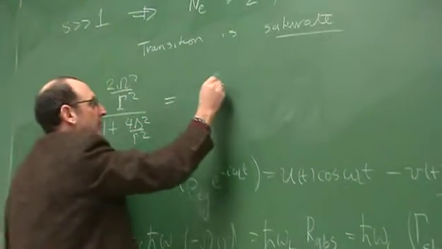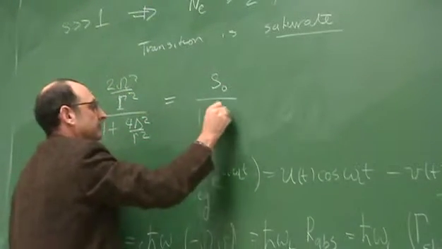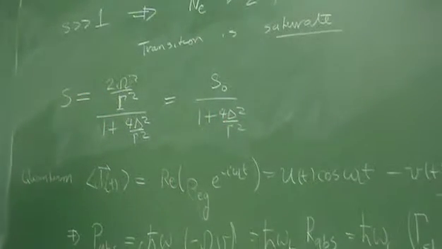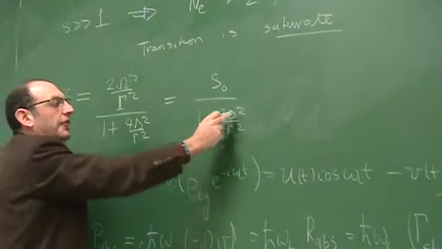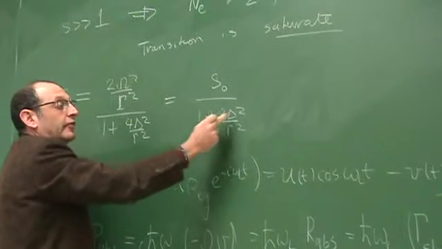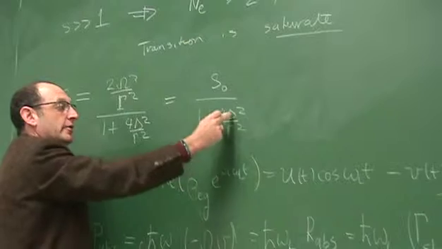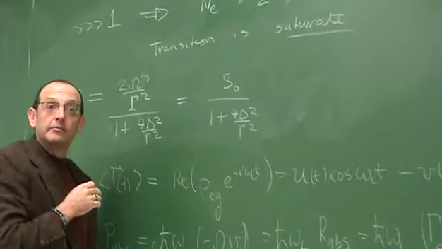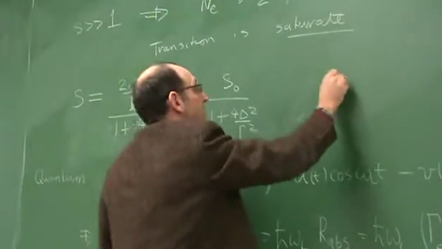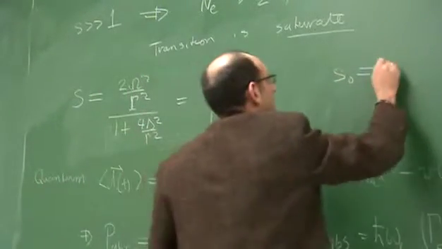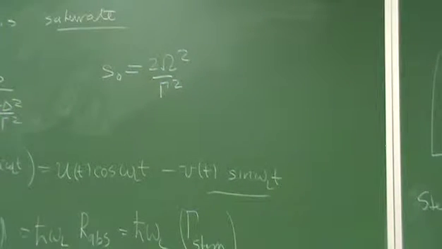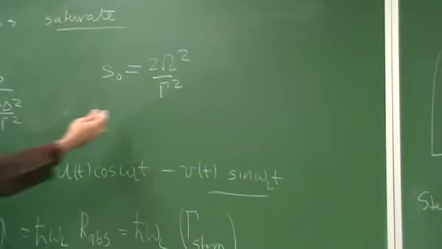This is the saturation parameter, and it falls off like a Lorentzian. For the detuning big compared to the line width, this falls off like 1 over the detuning squared. And the saturation parameter on resonance is 1 when the Rabi frequency is equal to the line width over root 2.